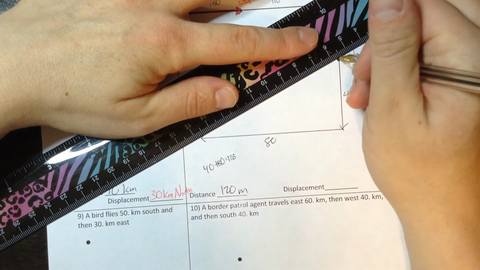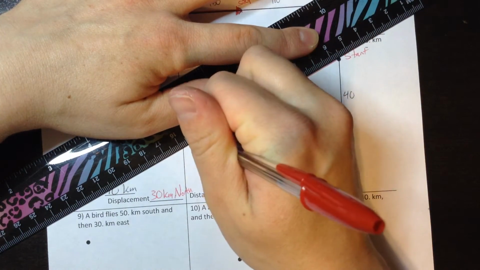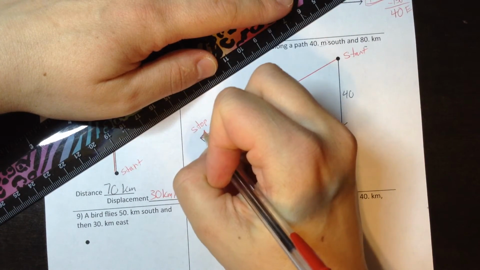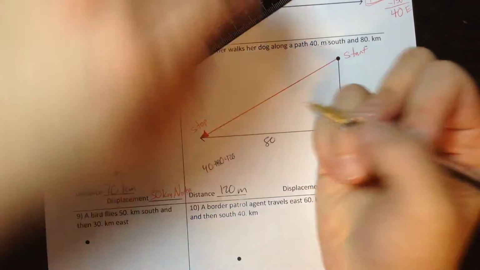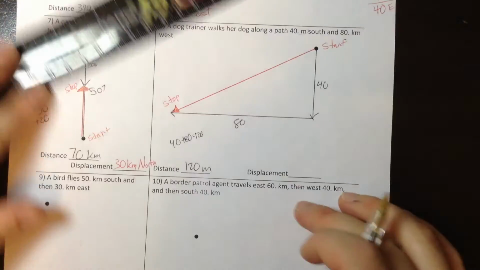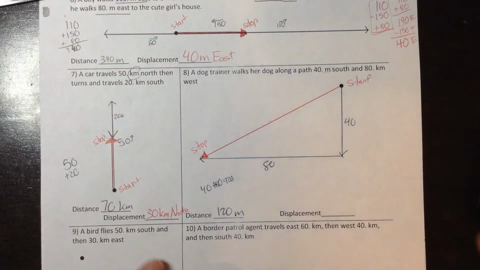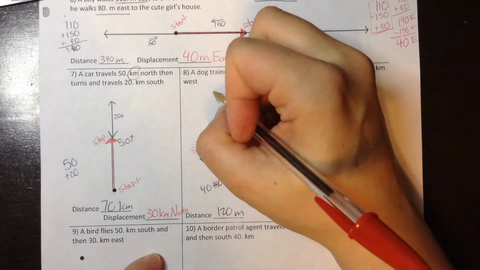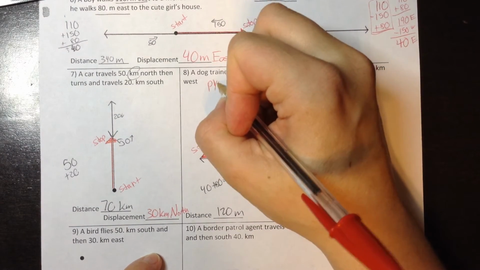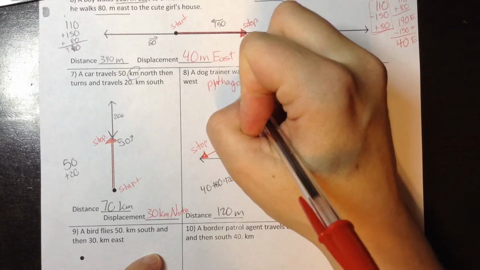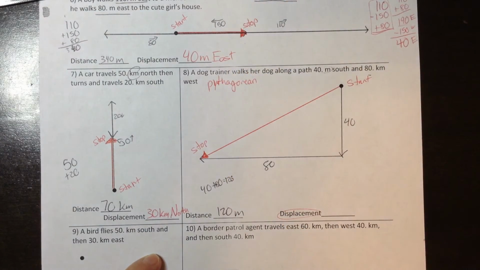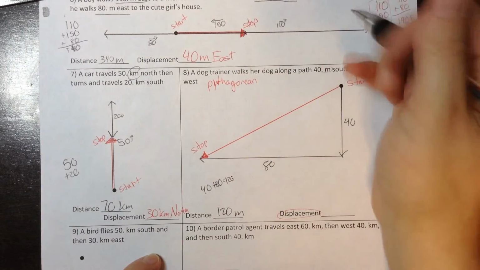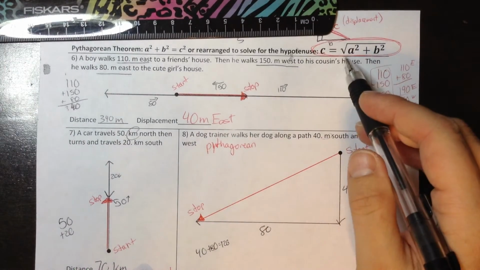Now this is where you're going to be tempted to just use your ruler and measure it. But I need to see your math. This is where you need to use the Pythagorean theorem to figure out your displacement. We're going to use it organized like this.